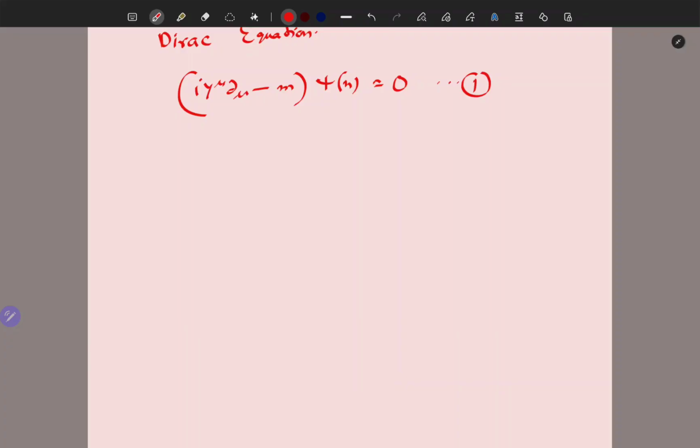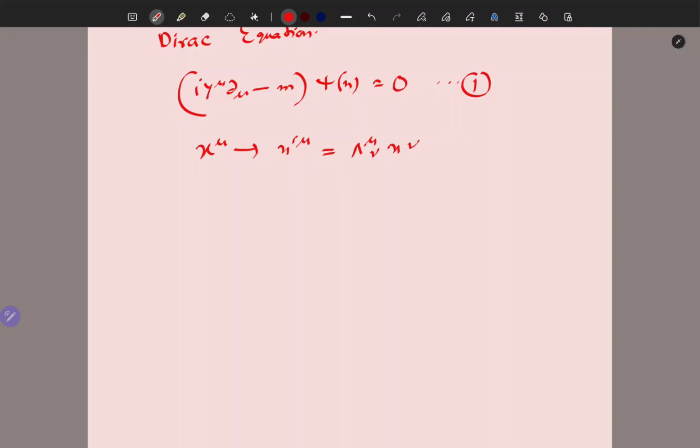This will help us to see the behavior of the 4x1 column vector ψ(x). Under Lorentz transformation, we know that x'^μ = Λ^μ_ν x^ν.